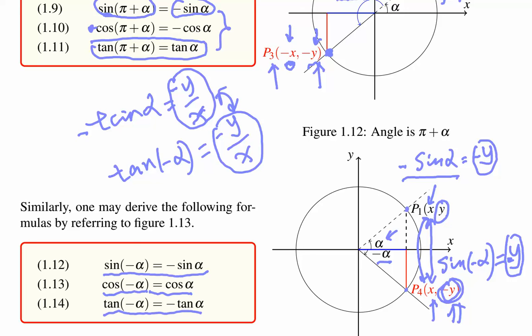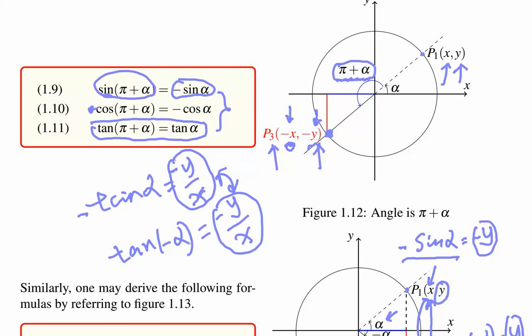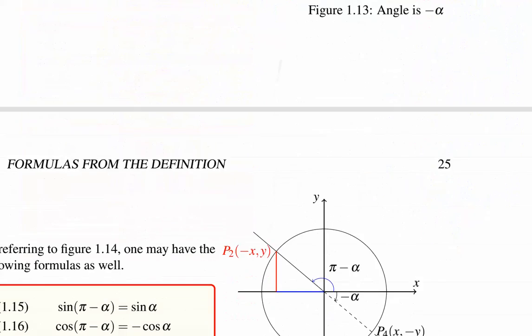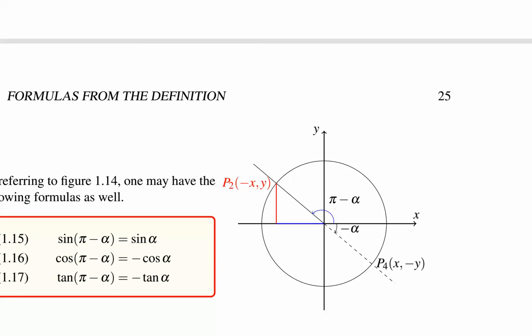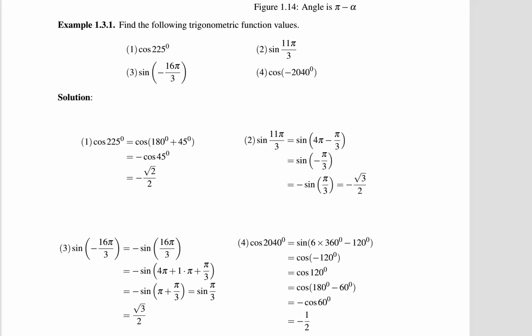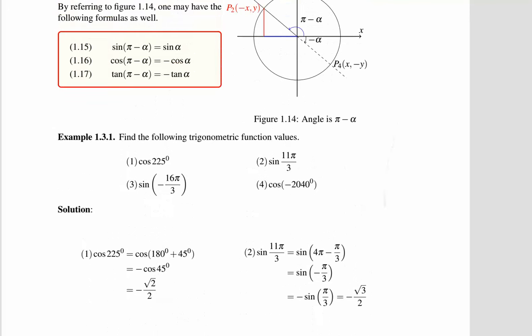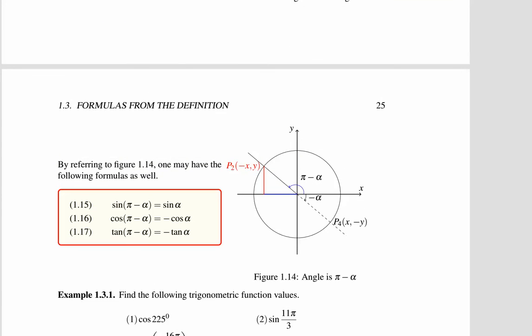Okay. Now, this was the angle in the fourth quadrant. Previously, this was the angle P3 in the third quadrant. Then we want to consider the relationship between the first quadrant and the second quadrant. So you can probably predict the third group of formulas. It will look like this.